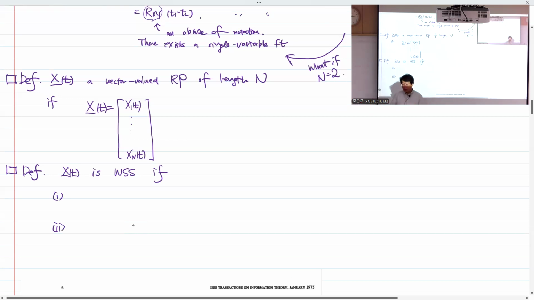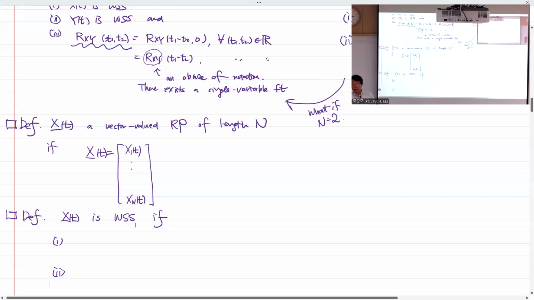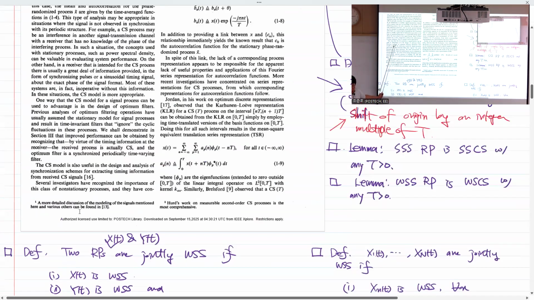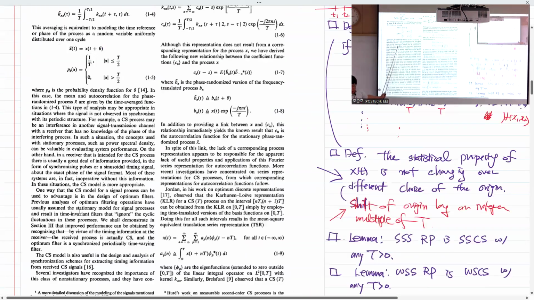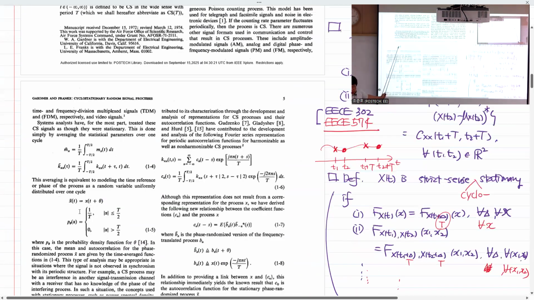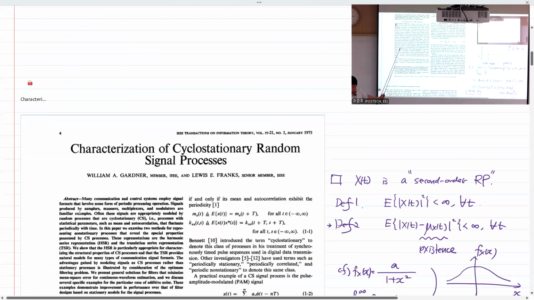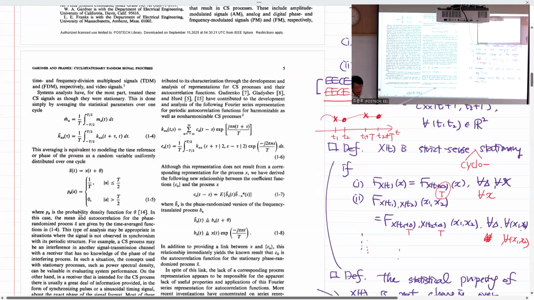And here, our new definition of wide-sense stationarity of a vector valued random process must be consistent with our previous definition of wide-sense stationarity, which is not shown here.